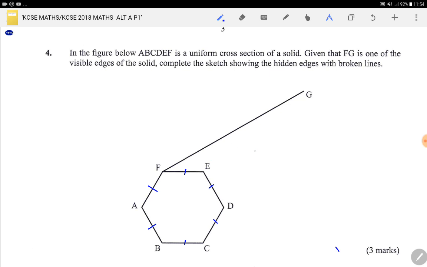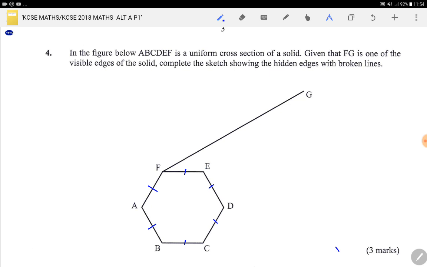And the other edges, because it is a hexagonal prism, must be rectangular in shape, and therefore the opposite sides of the rectangles must be equal and parallel.